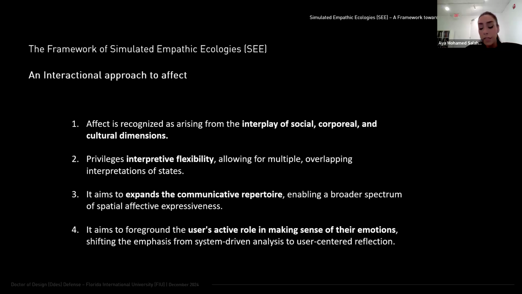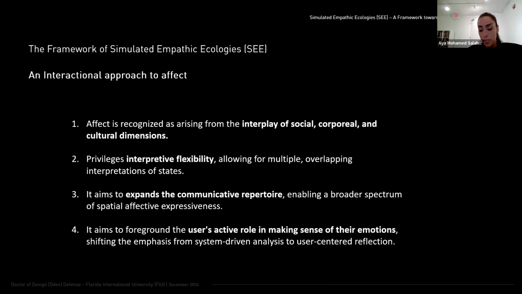It's not necessarily about the accurate or precise prediction of one's affective state, but rather almost like an impression or a cue to the psychological condition of the occupant, and in a way in dialogue with them to make meaning of that. It also aims to expand the communicative repertoire, enabling a broader spectrum of spatial affective expressiveness. And I'm going to go a little bit deeper into that.